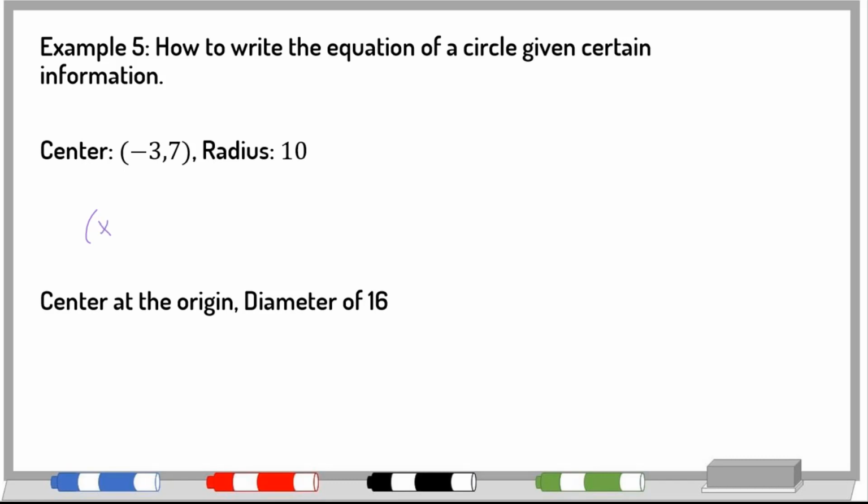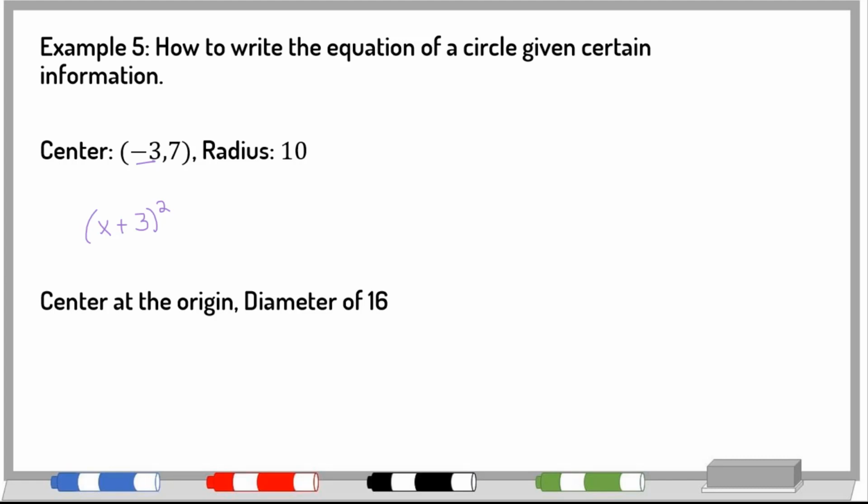Now, a thing that is going to be the case here is you put the x value of the center inside the parentheses with the x, because x affects x. There's a lot of sounding syllables. So I'm going to put x, and I'm going to change it to +3, because remember it's x minus h in our formula.